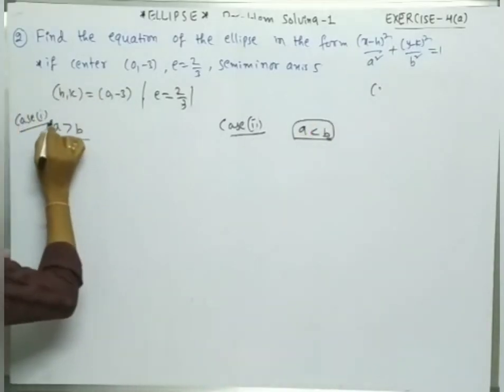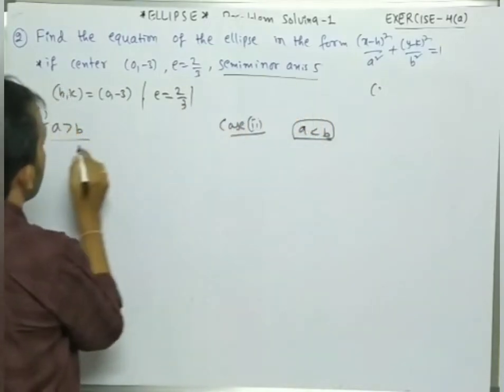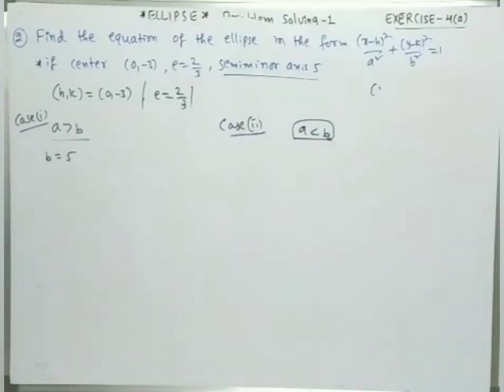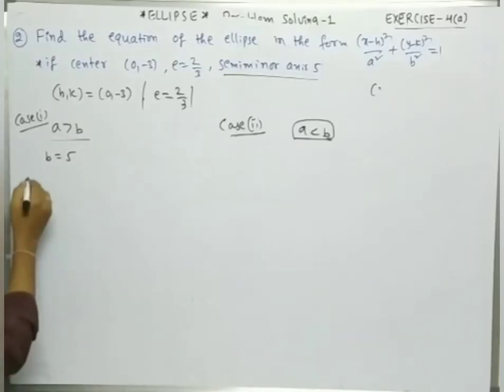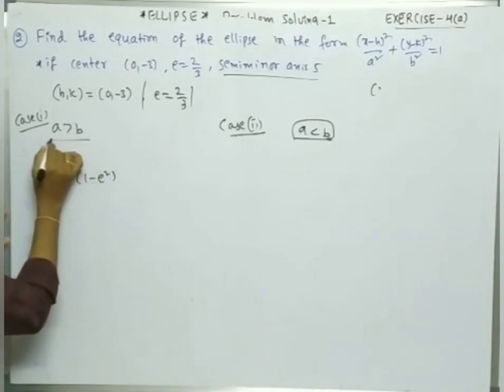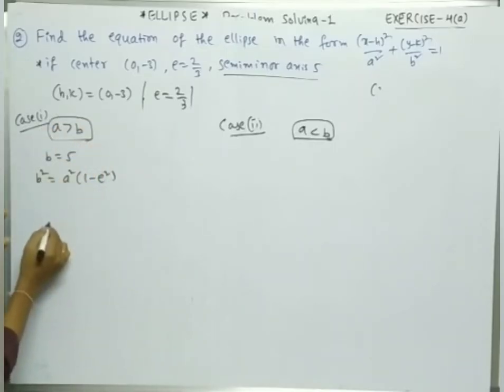So if a is greater than b, then semi minor axis is b, then b is equal to 5. Semi minor axis is equal to b, right? So in this case b is equal to 5, b square is equal to a square into 1 minus e square. If it is of the form a greater than b, then b square is equal to a square into 1 minus e square.